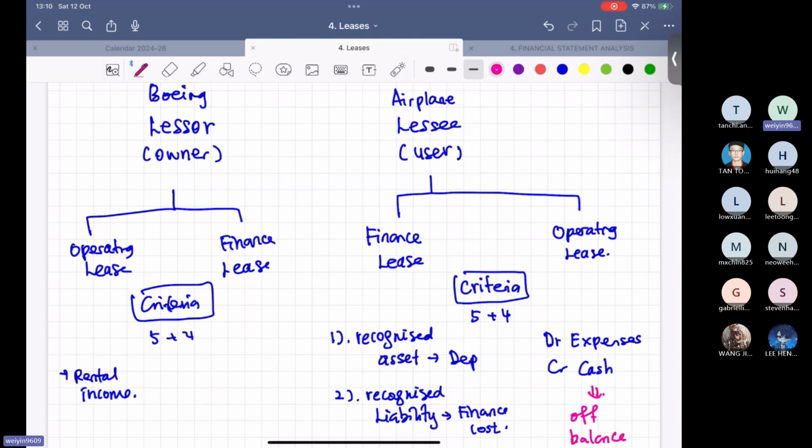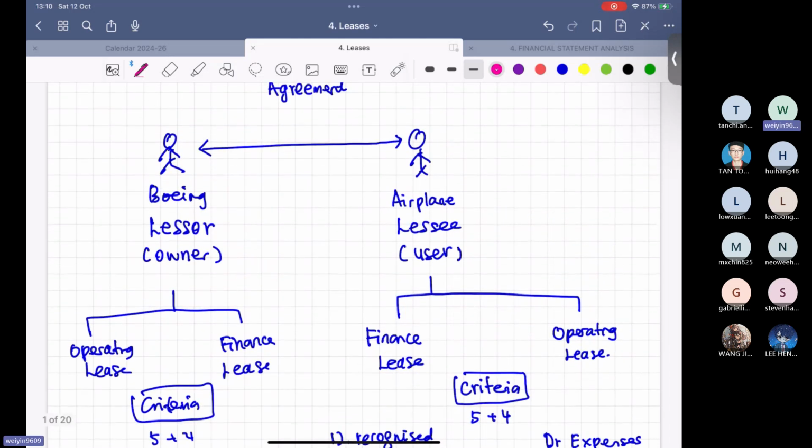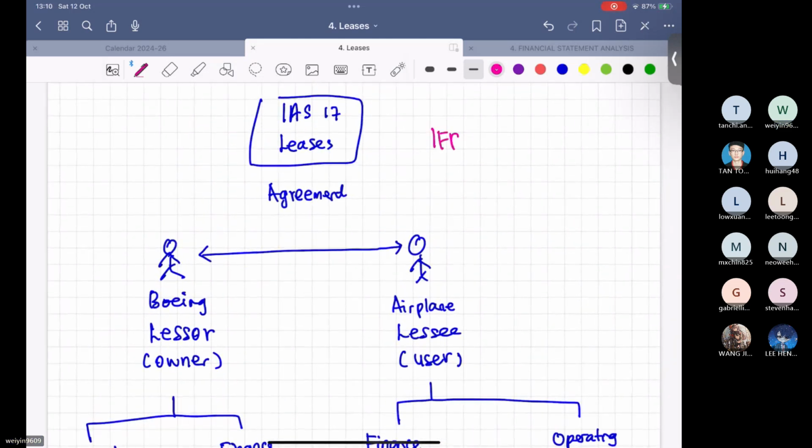Right? In our accounting concept, under prudence, we cannot underestimate our liability. So due to a lot of things happening, IFRS 16 Leases came in. In the year 2019, if not mistaken.